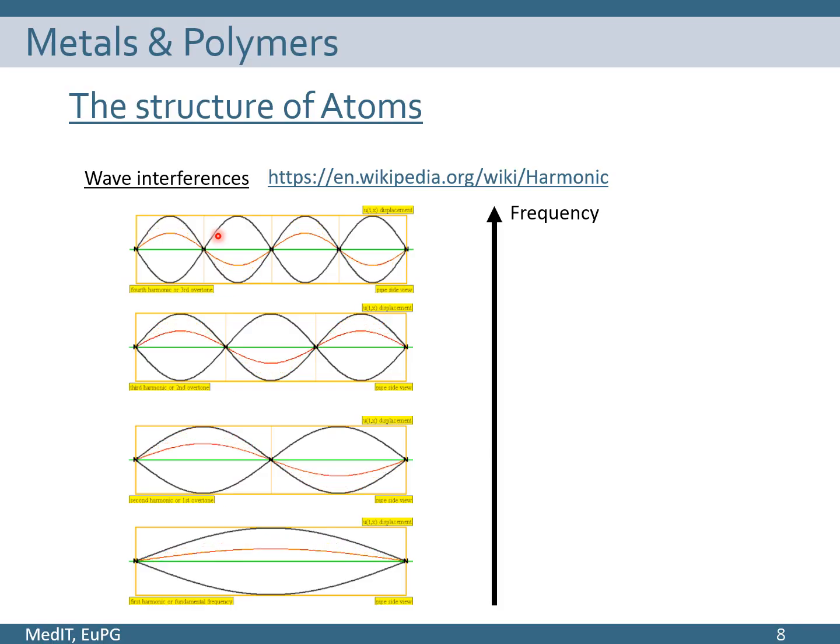You can see here, we just have these 4 modes which are possible. In between, nothing. So only very precise frequencies can exist inside this cavity, and the other ones just cannot.